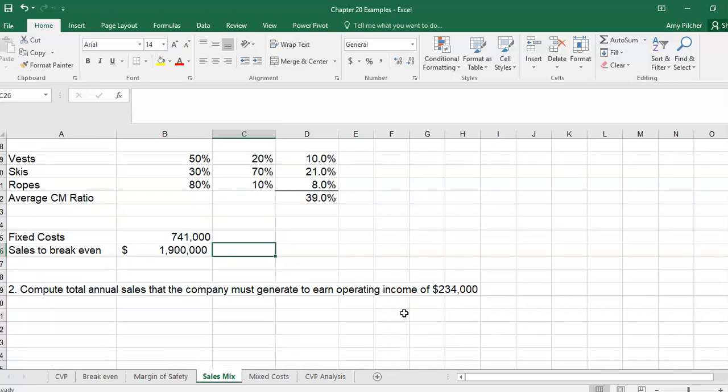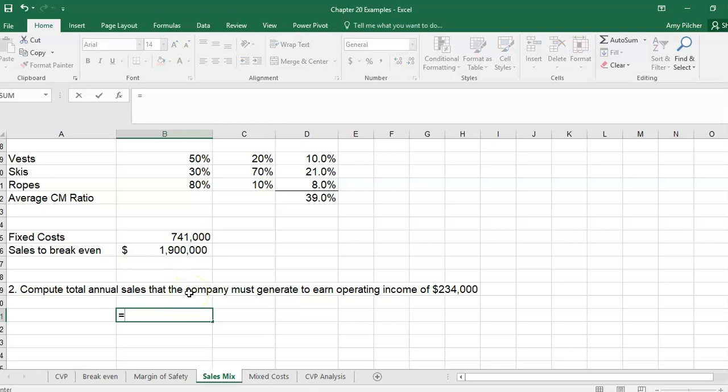The second question says, what is the total annual sales the company must generate to earn operating income of $234,000? When we're trying to calculate a particular operating income, we add that operating income to our fixed costs.